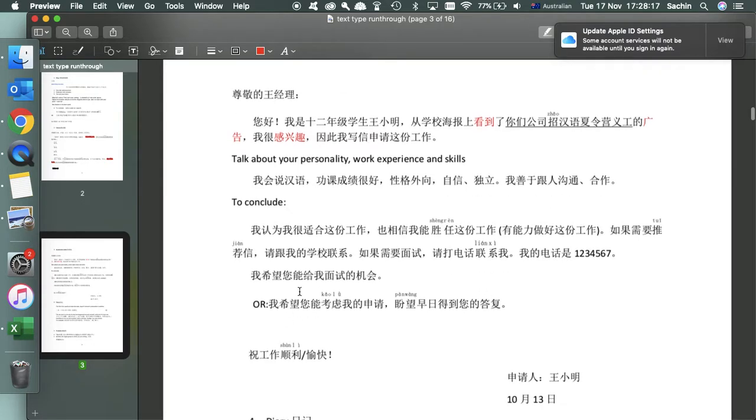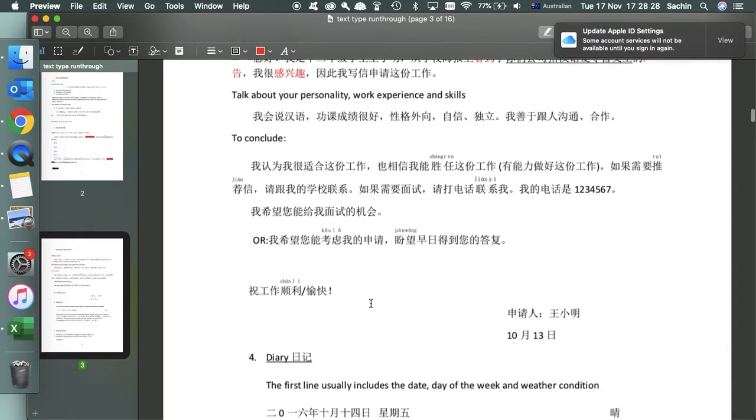And then finally, you put I hope you consider my application. So 我希望你能考虑我的申请. And then you finish it off with 祝工作顺利, and then put in your name and date.